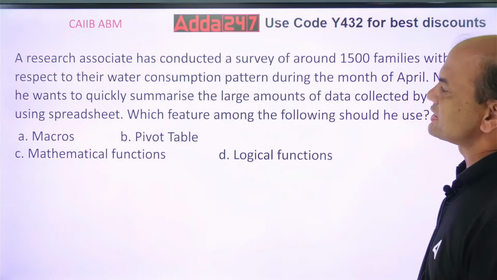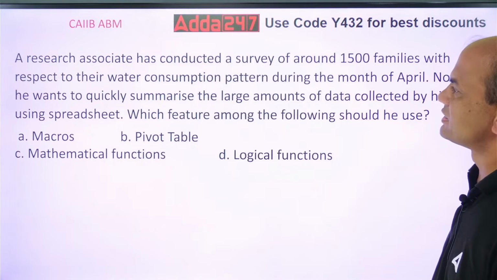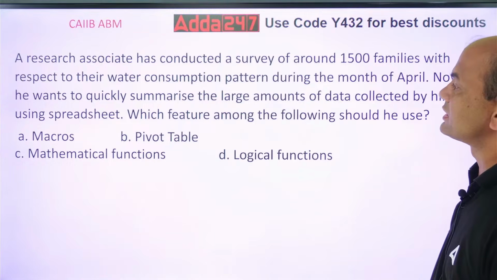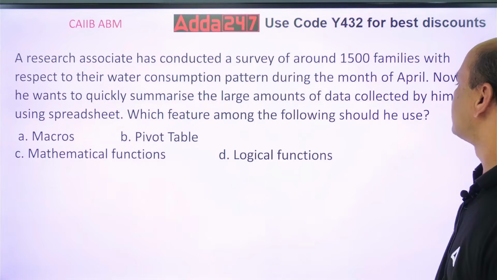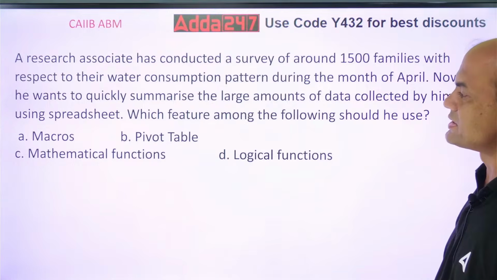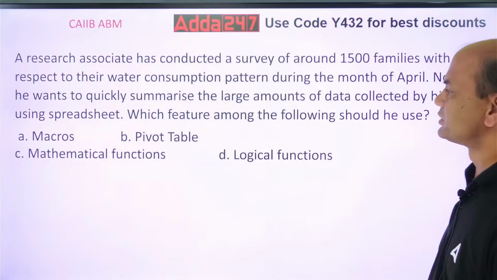A research associate has conducted a survey for around 1500 families with respect to their water consumption pattern during the month of April. Now he wants to quickly summarize the large amounts of data collected by him using a spreadsheet. Which feature among the following should be used?